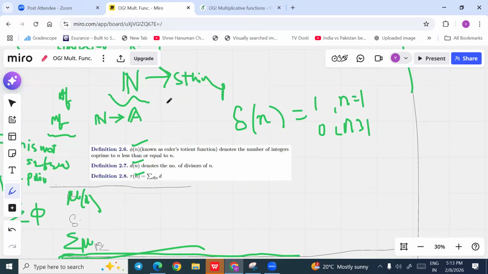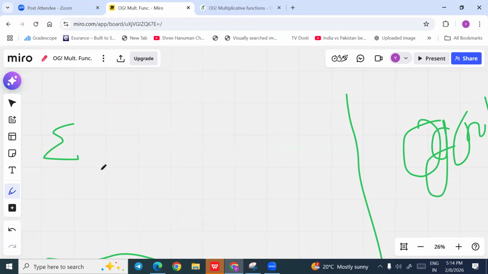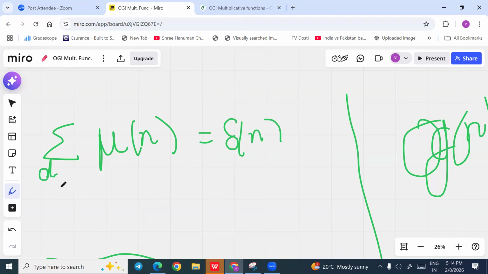Okay, since we are done with definitions, now I would like to show you this amazing property. Do you see this immediately?